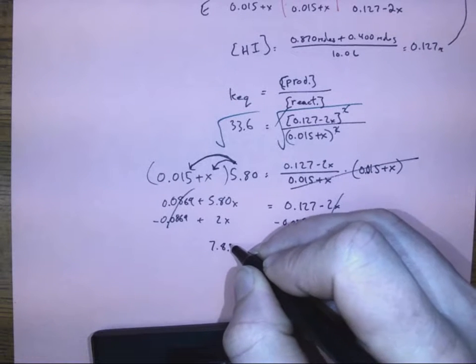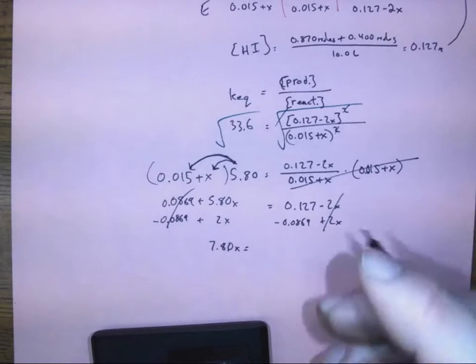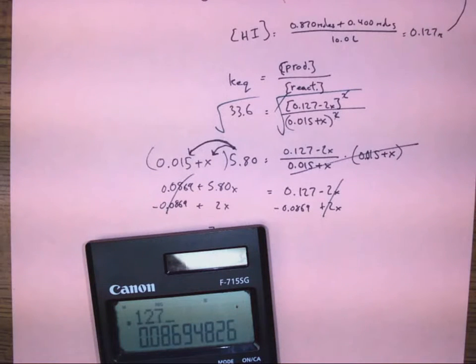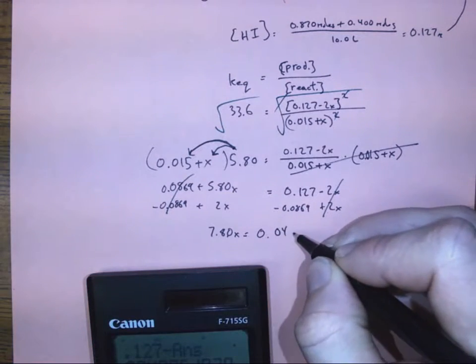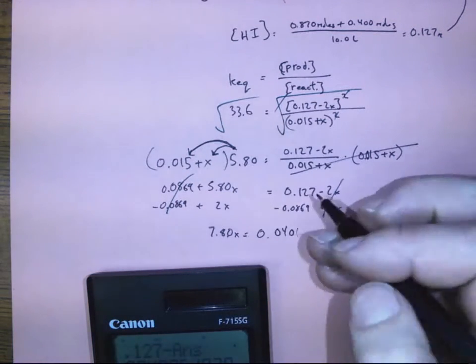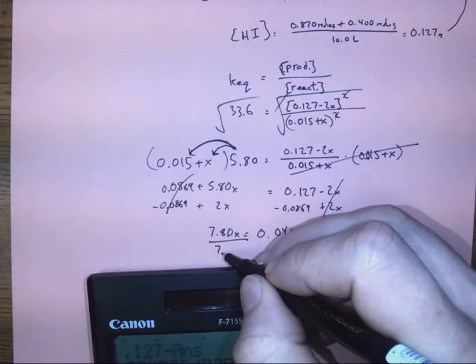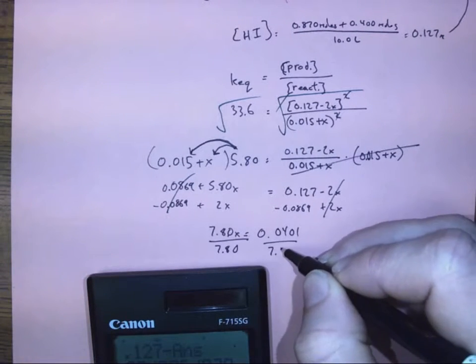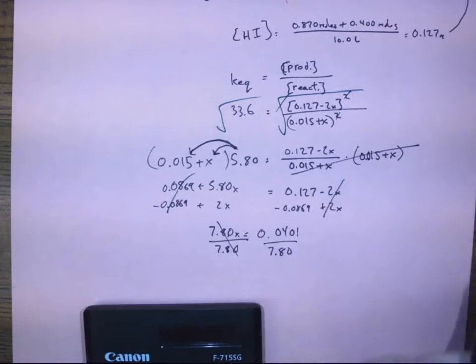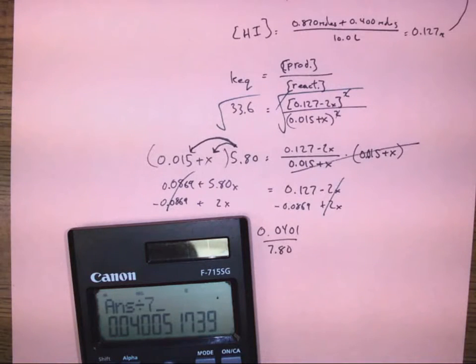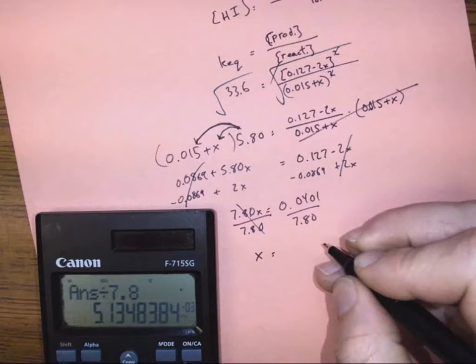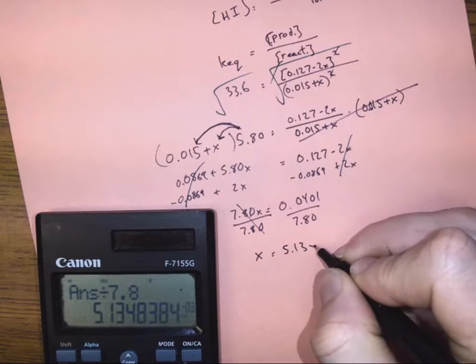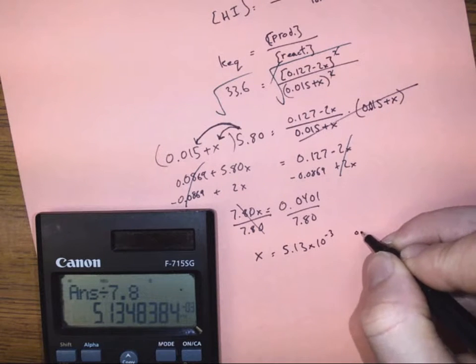So I get 7.80x over here, and that's all equal to 0.127 take away 0.0869, which is 0.0401. And then I'll divide by 7.80 on both sides, and I get x is 5.13 times 10 to the negative 3.